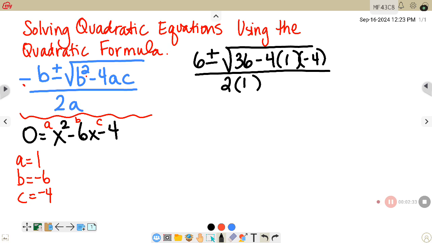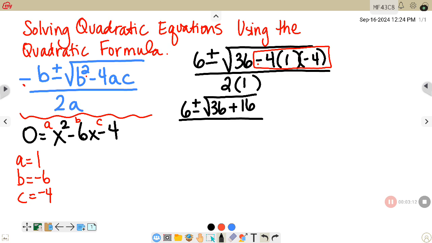Now, on this next step, what I want to do is see what this part is right here. I'm just going to bring the rest of this numerator down. So I've got 6 plus minus, I'm still going to have that 36. Now, when I multiply the rest of this in my calculator, I don't want to just think of this as going to be a minus, because once you do the multiplication, a lot of times that will turn to positive, because you have negative 4 times 1 times negative 4, which is actually positive 16.